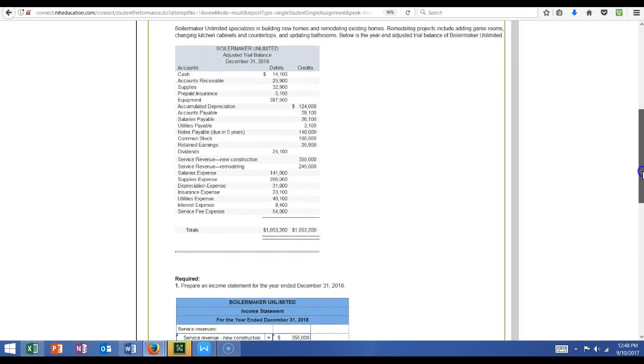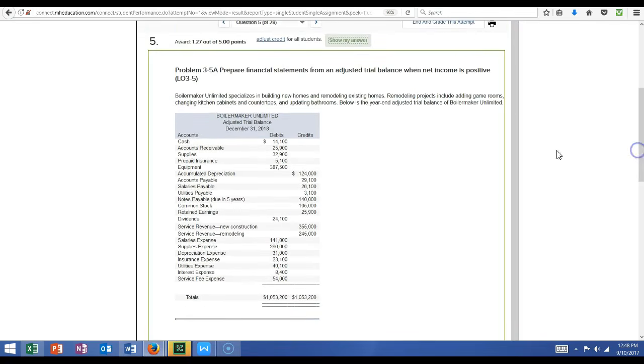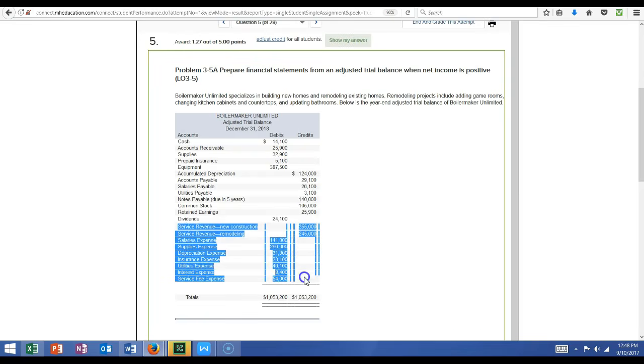What they want us to do is to prepare an income statement. Remember, our income statement begins with revenues. It ends with expenses. These are our income statement items, revenues and expenses. We are going to prepare an income statement based on only these figures.